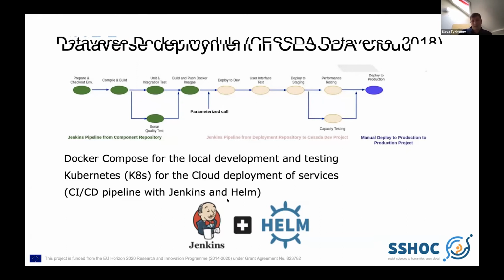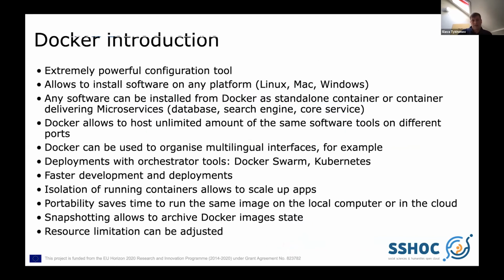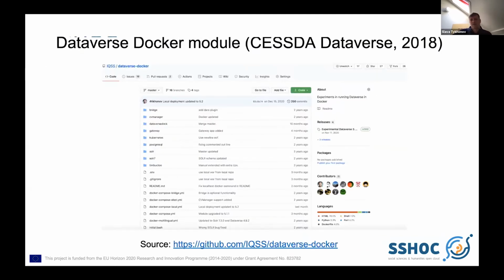Okay, so I will go to my next slide. First is about the Docker module, and we created this module quite some time ago. In 2018, we got the CESSDA project, and we tried to run Dataverse on Docker. Now we are maintaining this module, and it's updated to the latest version 5.5.